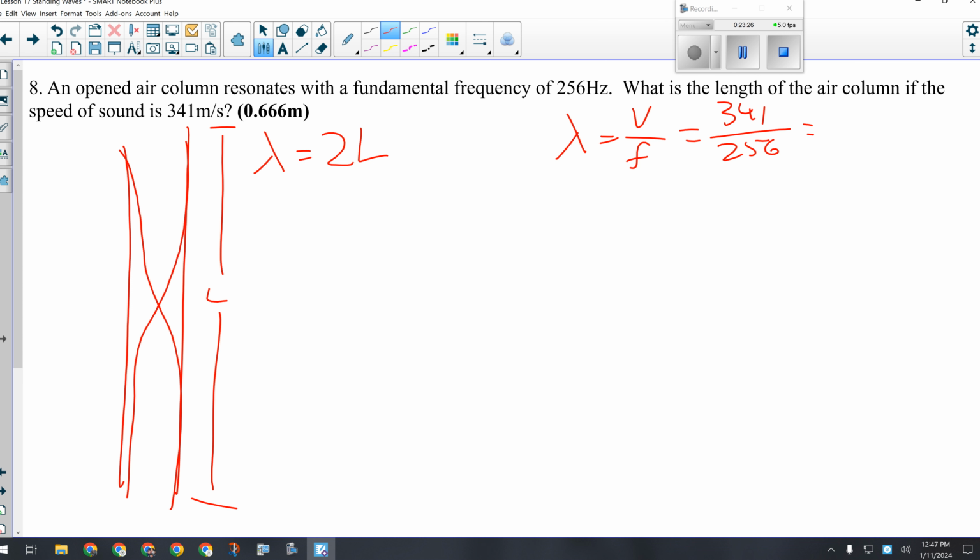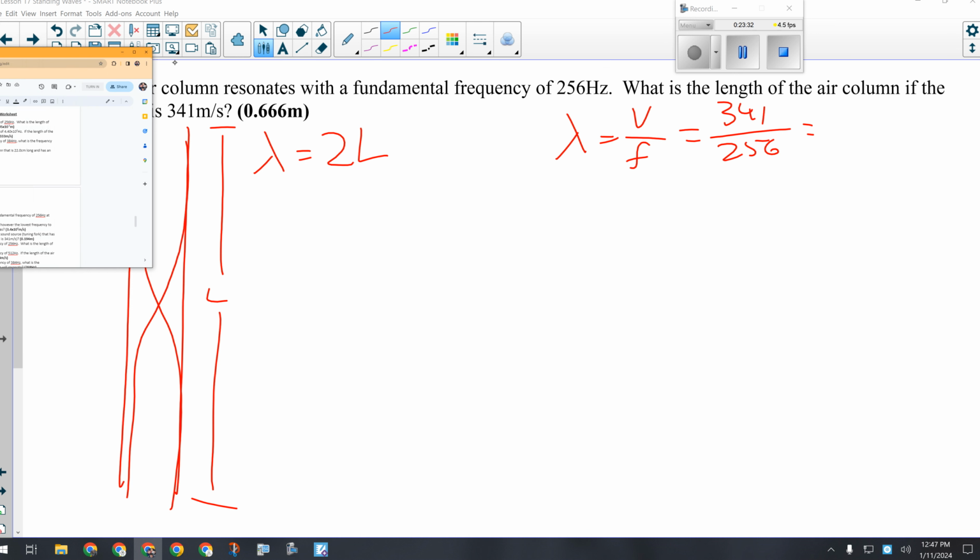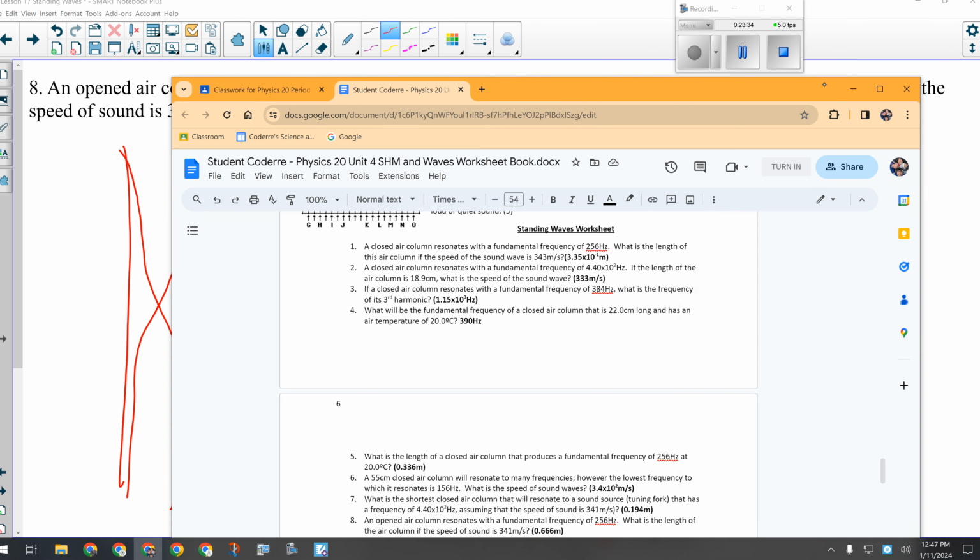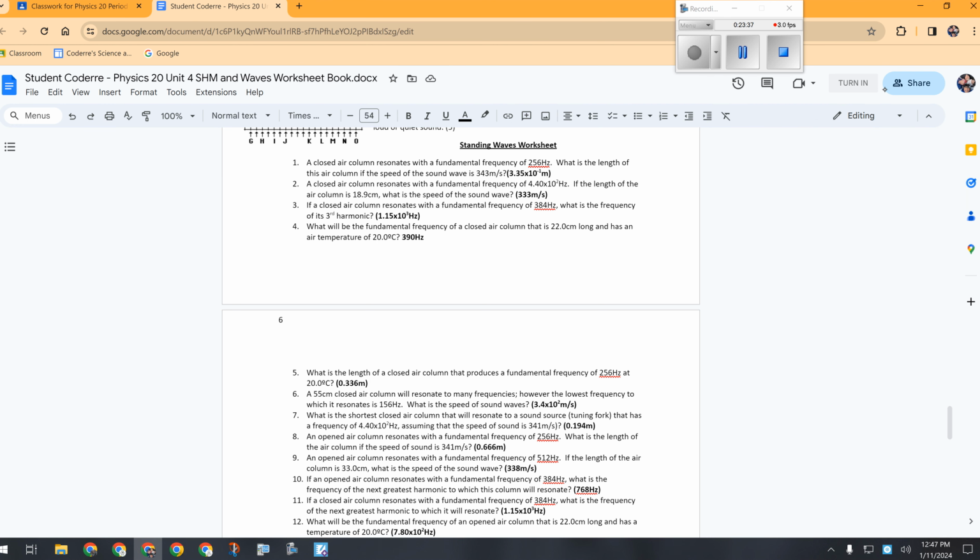So what I would like you to do is, in your digital workbook, there are closed air column questions and open air column questions. The first 7 are all closed, and then 8 to the end are open. We've done 1 and 8, so I'd like you to just alternate. Do 2, then do 9.